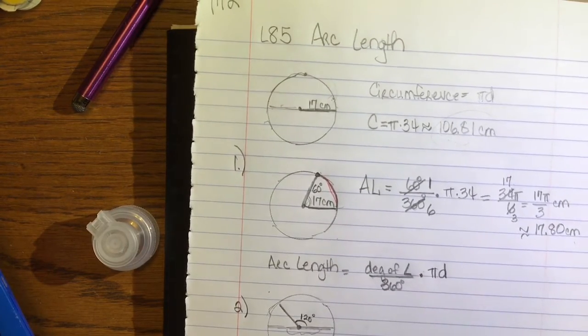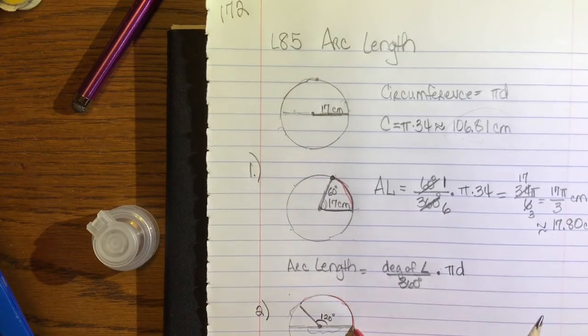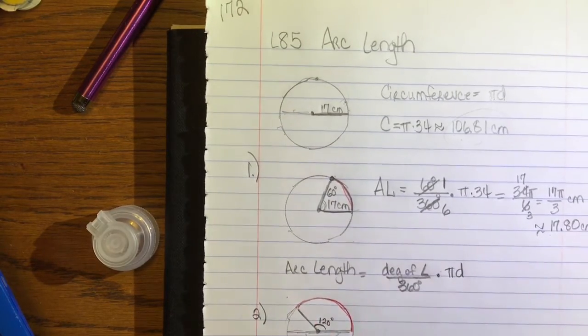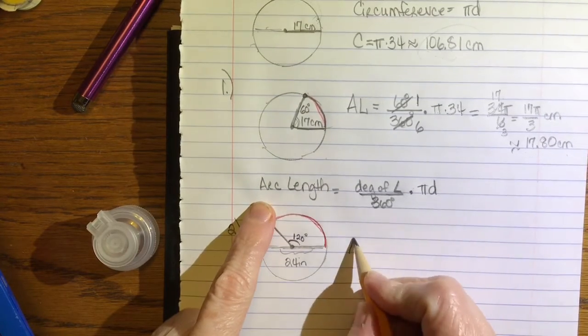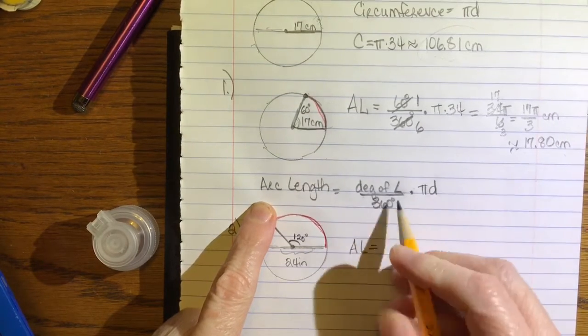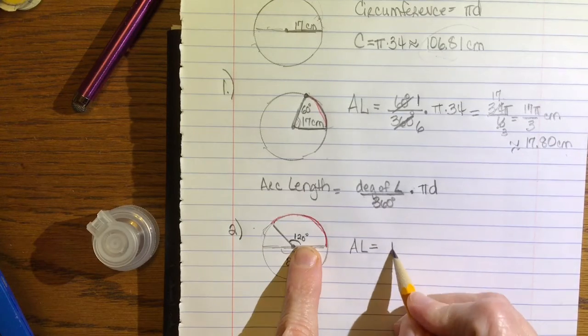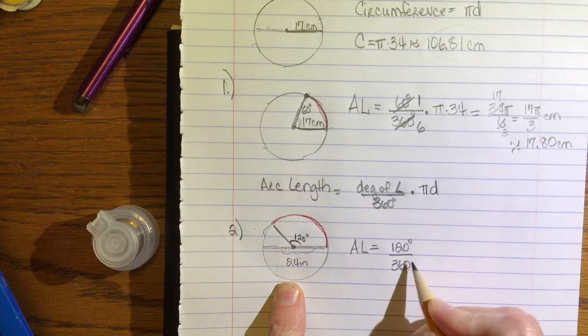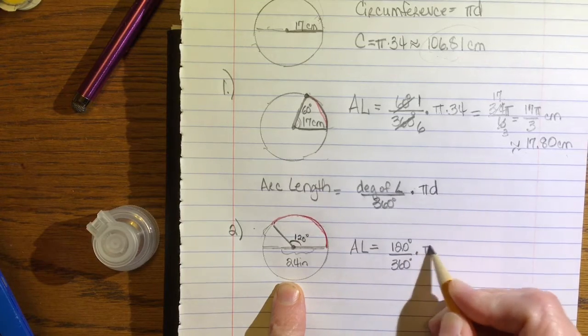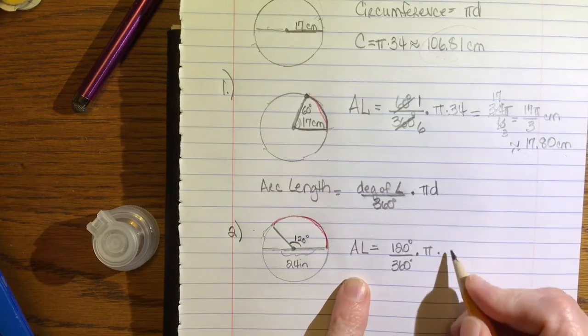Okay, so we're wanting to know the measurement from here to here. We know it's a part of the whole circumference. So arc length is equal to the degree of the angle, 120 degrees over 360 degrees times pi times the diameter, which was 24 inches.